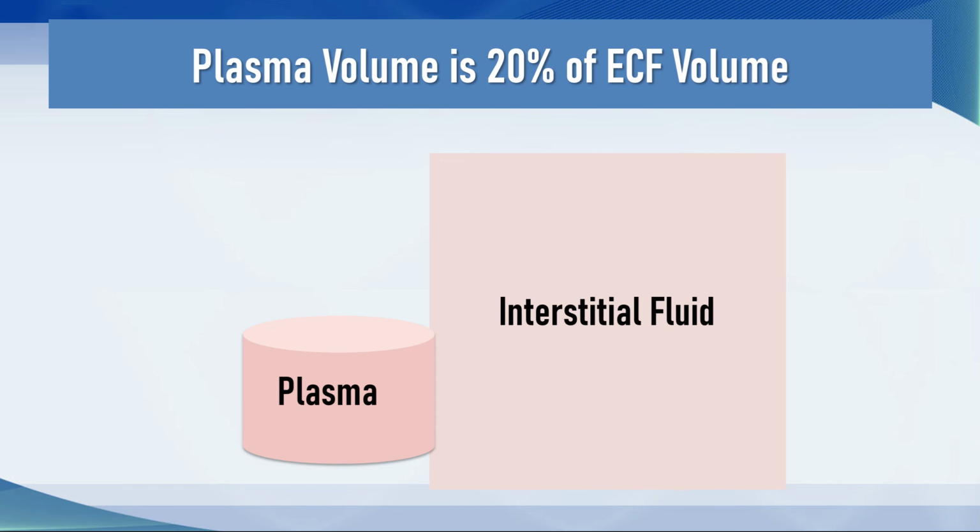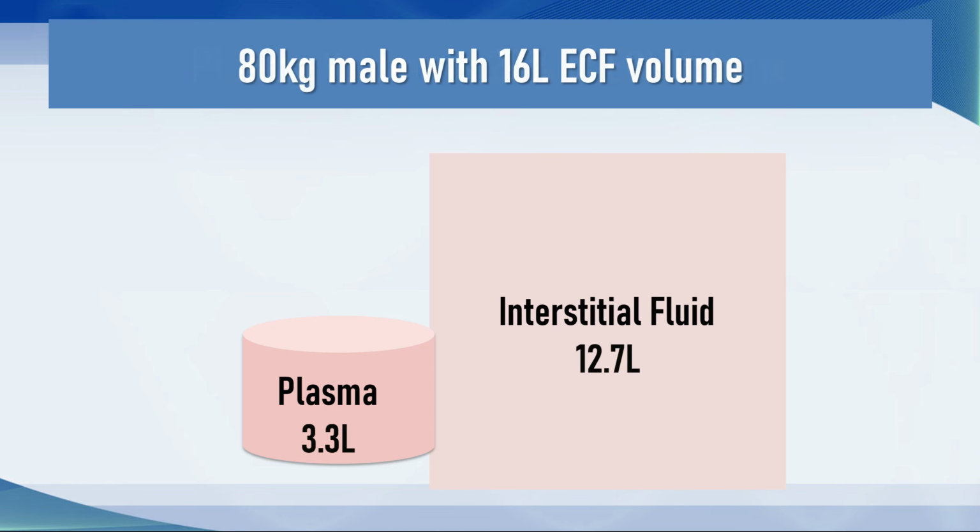That means that plasma volume is only 20% of extracellular fluid volume. For an 80 kilogram male with 16 liters of extracellular fluid volume, that means that the plasma volume is 3.3 liters and the interstitial volume is 12.7 liters.